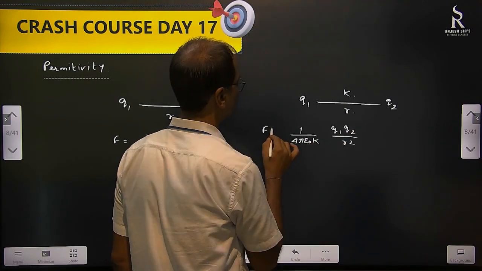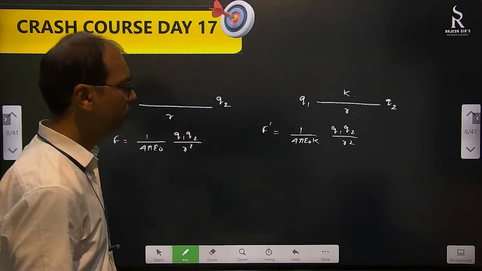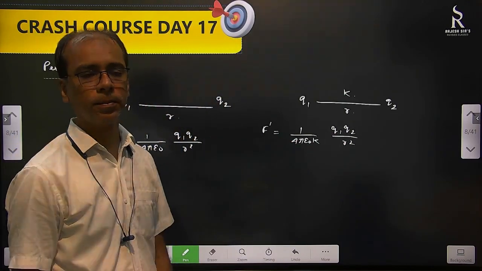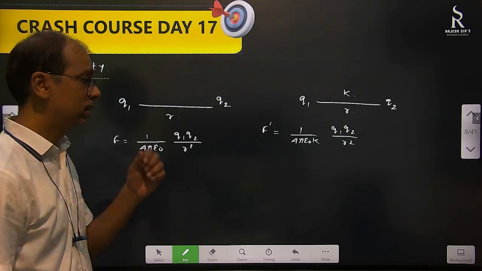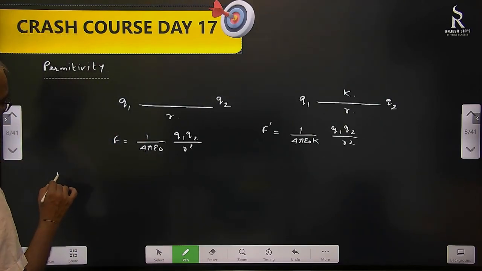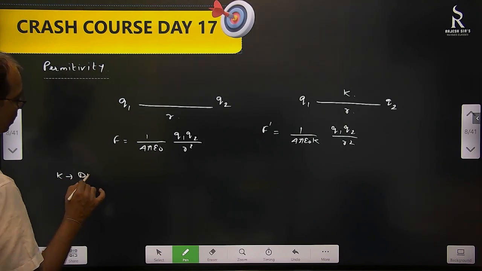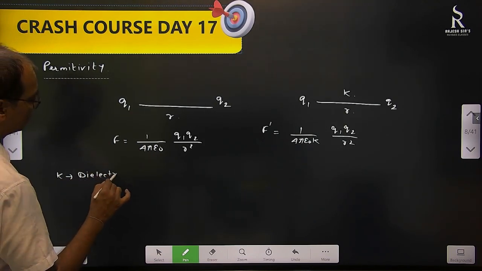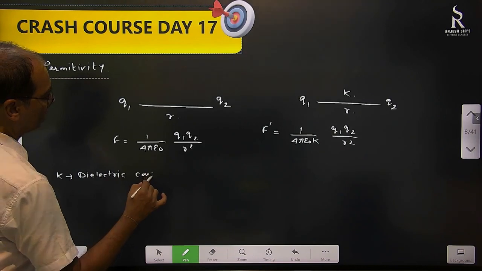This is F dash. So what has happened is the force has decreased. What is K? K is the dielectric constant, which we'll also discuss.